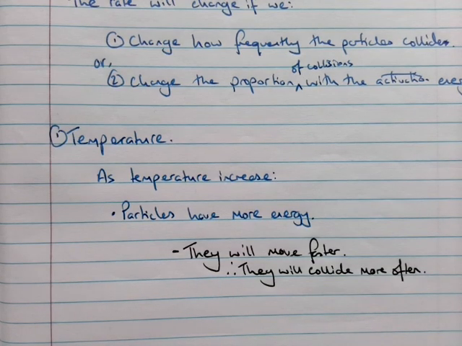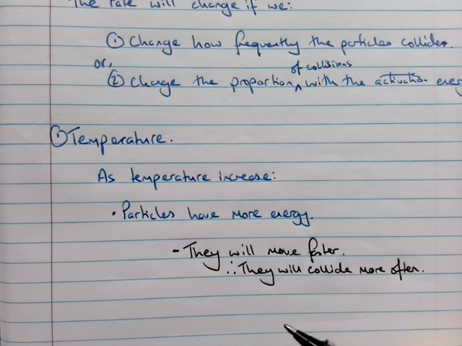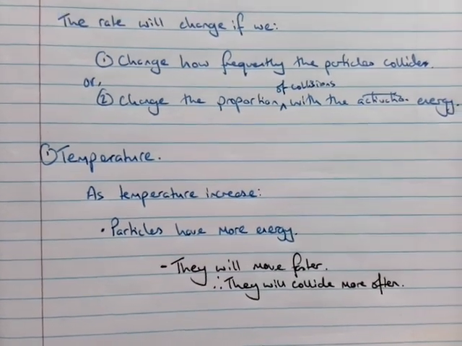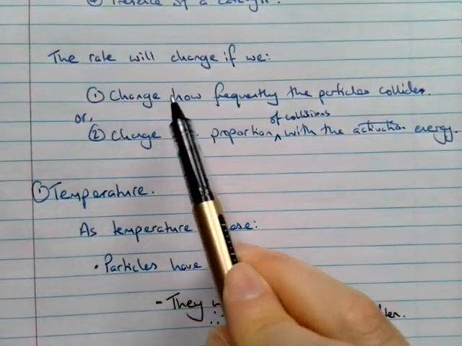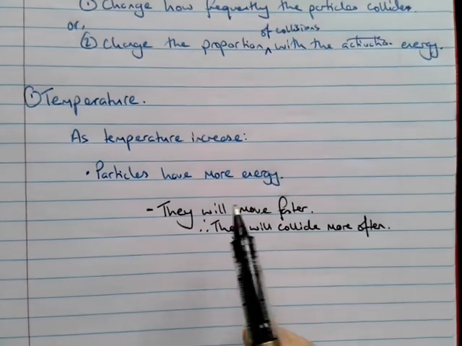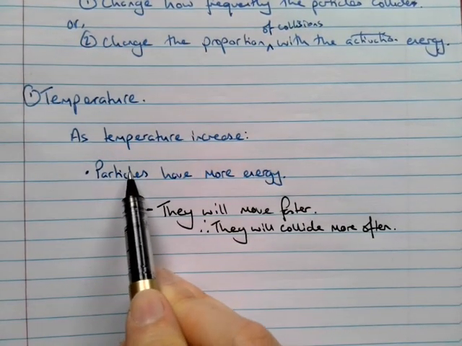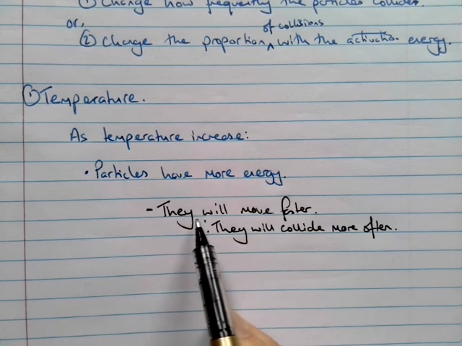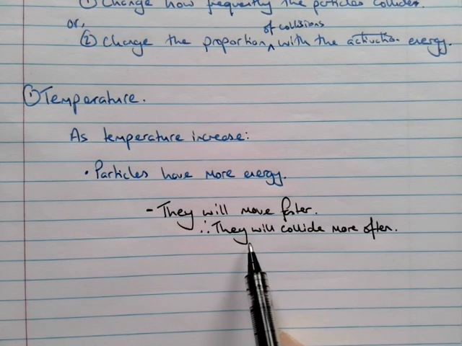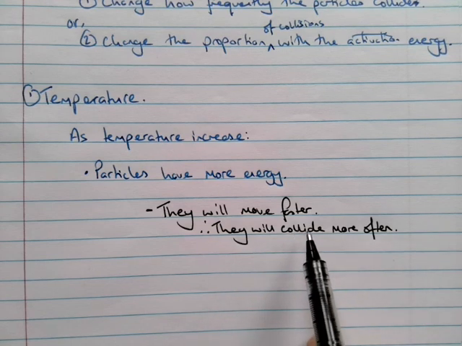Okay, so now we can see that if we think about it, have we changed how frequently the particles collide? Yes. By increasing the temperature, we give the particles more energy, which means they move faster, which means they collide more often. All right, so that's going to increase the rate.